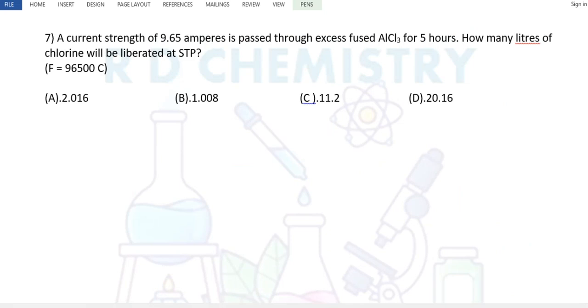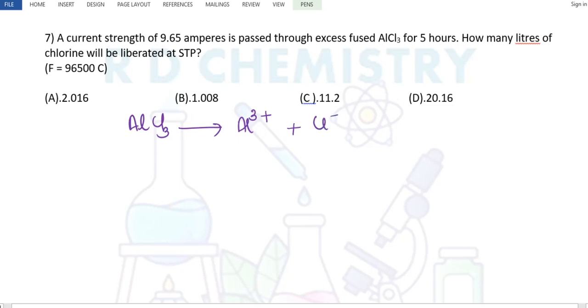Okay, so we'll start with the chloride. Why chloride? Because aluminium chloride, AlCl3, undergoes ionization to give aluminium plus 3 and 3 moles of chloride ion, equation balanced, right? Aluminium is deposited as aluminium metal, but chloride will be oxidized to give chlorine gas.